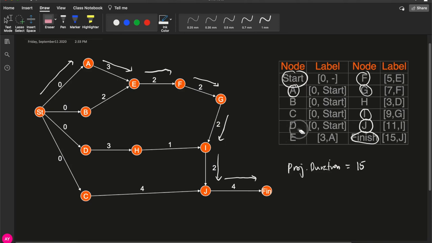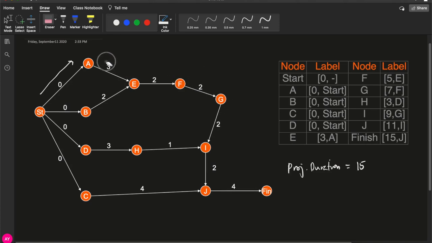Now, what I'd like us to do is to understand what these labels mean for the activities. What do I mean by that? What do these 0, 0, 0, 0, 0, 3, 5, 7, 3, 9, 11, and 15 mean for the project? Let's start with the finish, with the duration of 15.